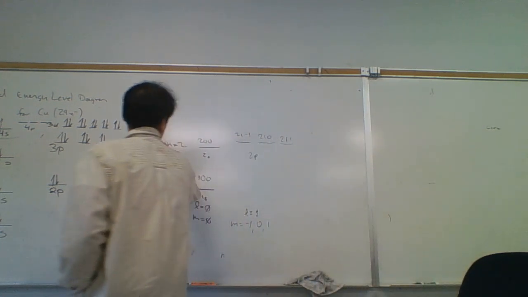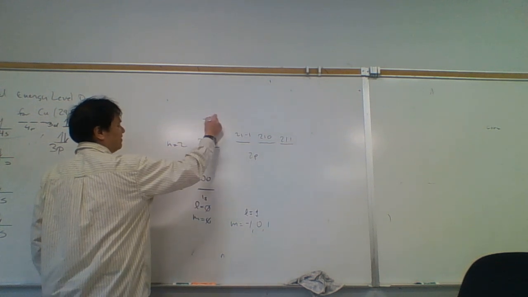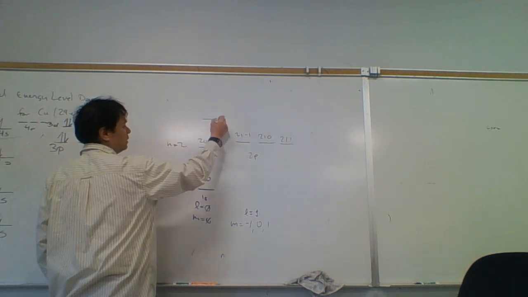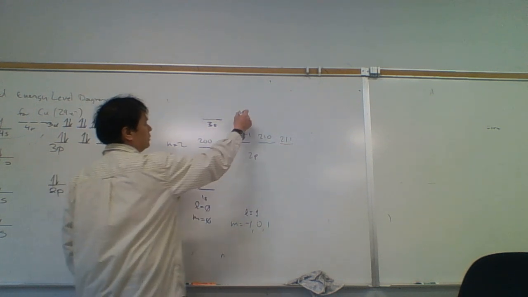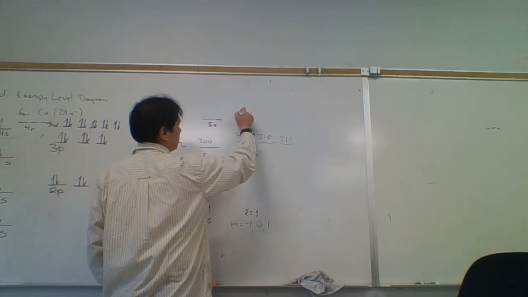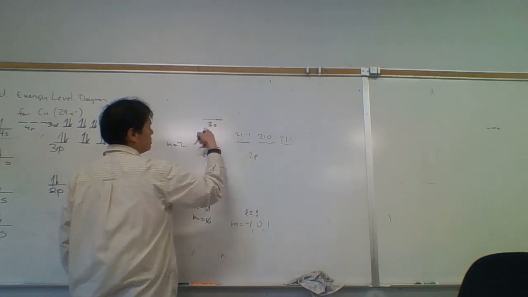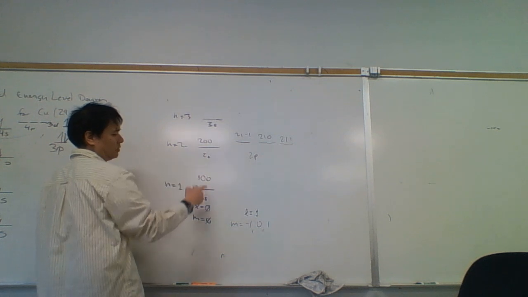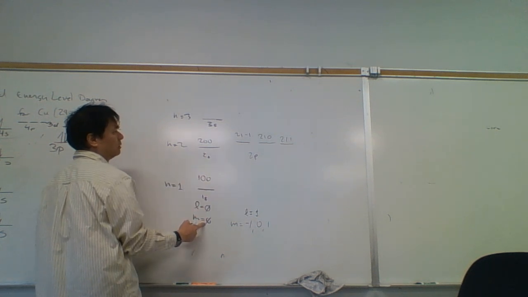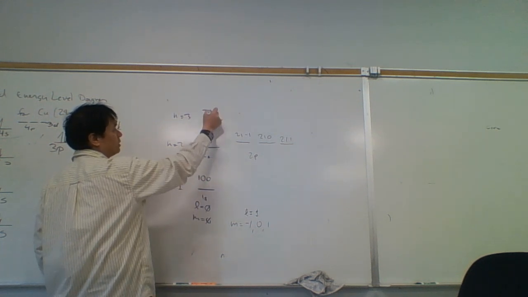What I'd like to see is just a little bit bigger jump here, but I know there wasn't enough room here. This goes up to the 3s. And then the 3s is what? Well, N equals 3, L equals 0, M equals 0. So this is a 3, 0, 0.